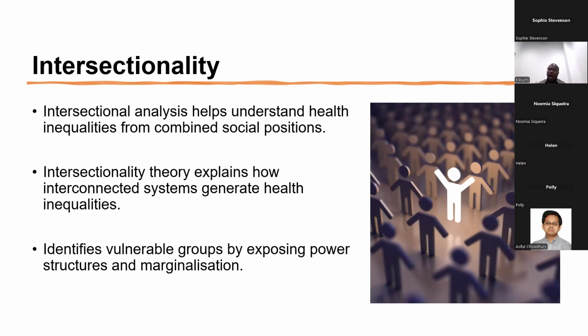So it's to look at how all these systems generate health inequalities, and we can see which groups need more interventions to help them access health or to help reduce the risk of whichever health outcomes they are facing. And mostly when we look from an intersectionality perspective, it's just to identify vulnerable groups by exposing which power structures and marginalization they usually face.